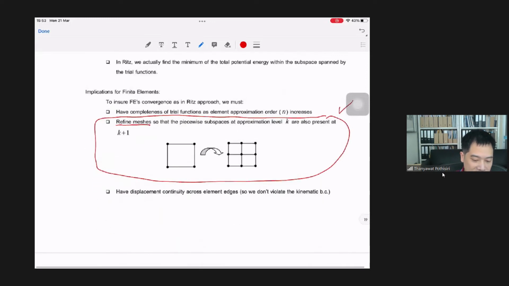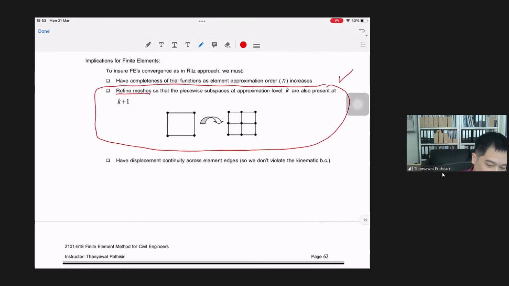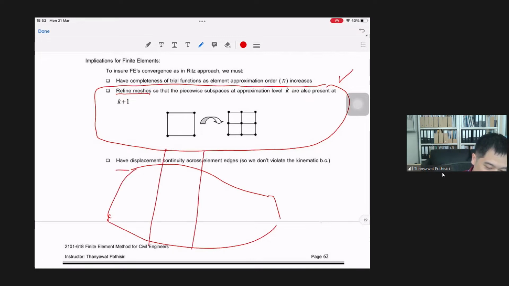Why is this? Because for example, you have a body, and then you start out with this kind of mesh, for example. So you have big elements here and here.